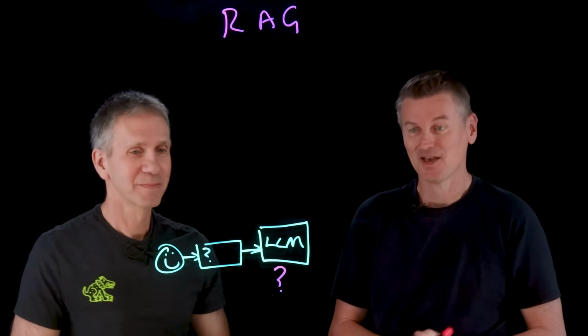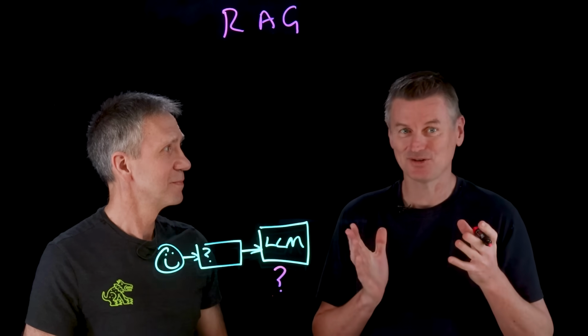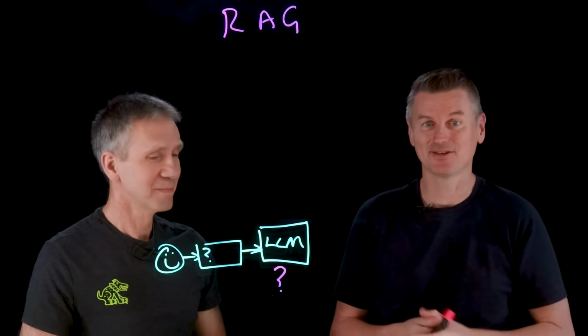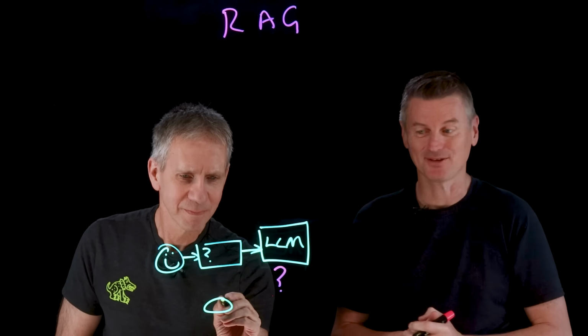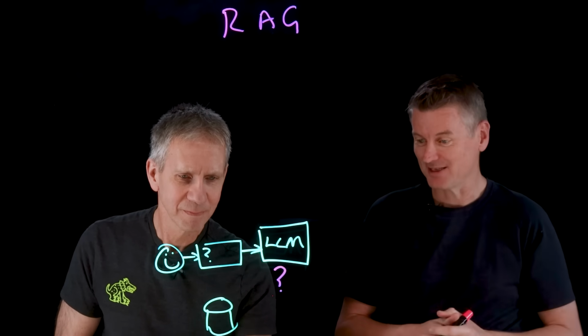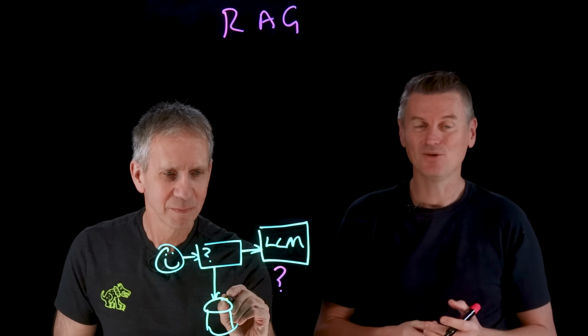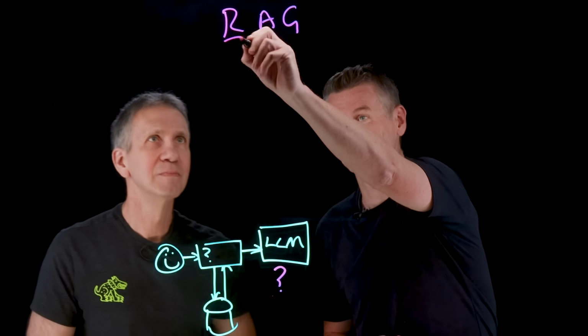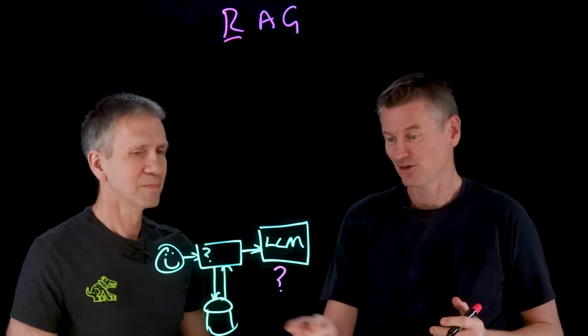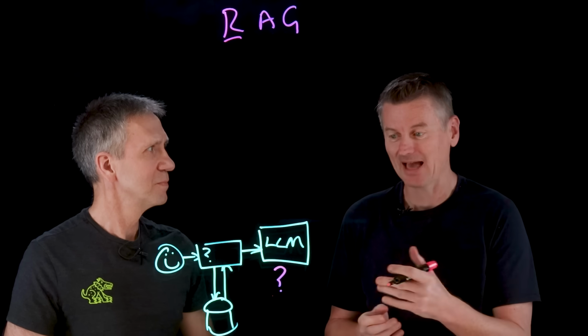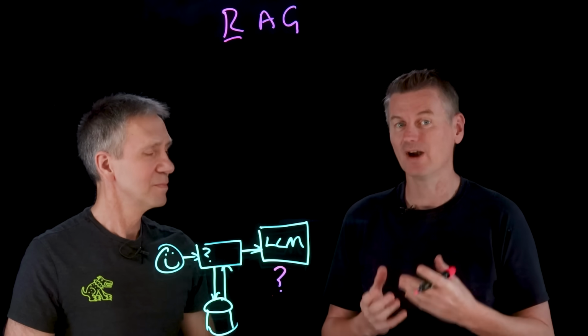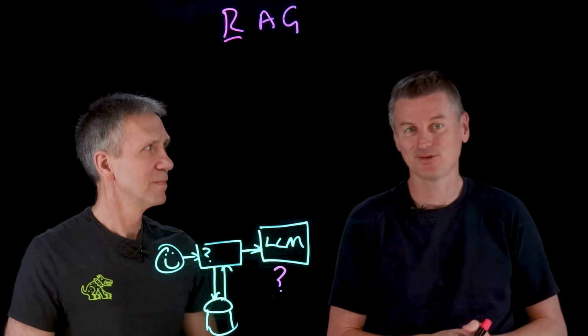That's exactly it. So what we need to do is to introduce a trusted data source into this before the LLM sees the query. So in this case, we have a trusted data source, probably a vector database, and we can use a retriever, that's what the R really stands for in RAG, to query that vector database and to retrieve documents that will be relevant to that particular user's query.